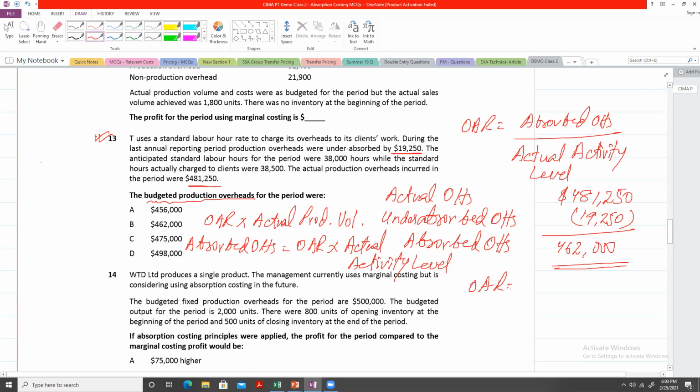This means OAR will be equal to 462,000 divided by actual activity level.